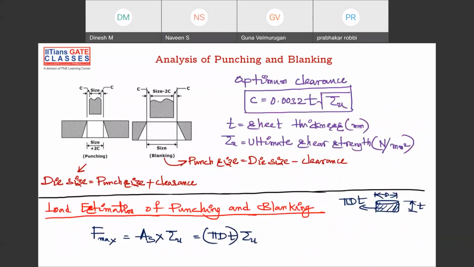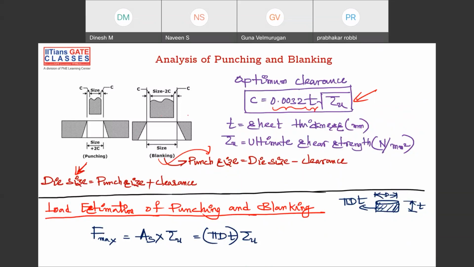Yes. And so here it's clearly written. This is punching operation, and this is blanking operation. And the clearance sometimes you decide by this formula, that is 0.032 into thickness of sheet.